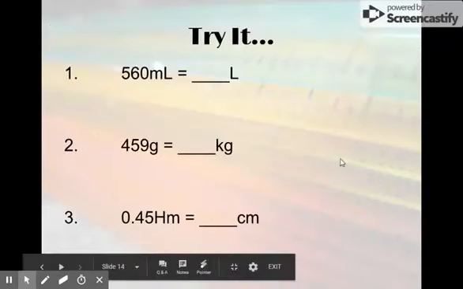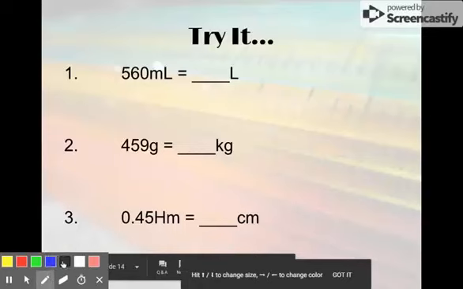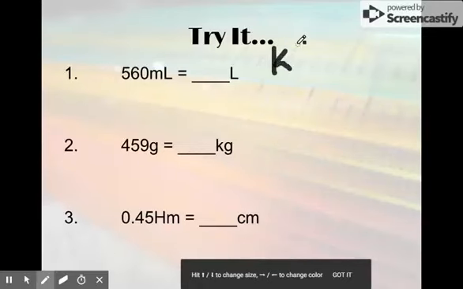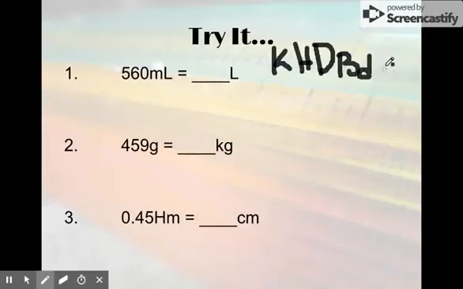So now let's try some examples together. We'll draw out our conversion table. First step, King Henry died by drinking chocolate milk. We're going to look to see where we're starting. So we're starting with M for milli.